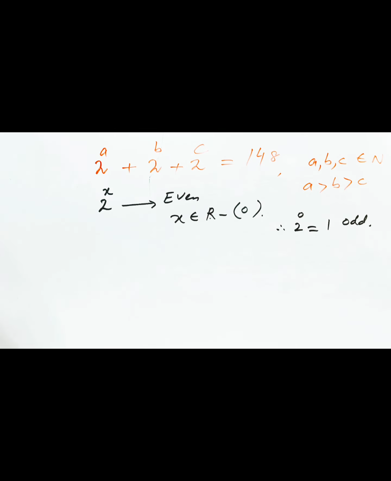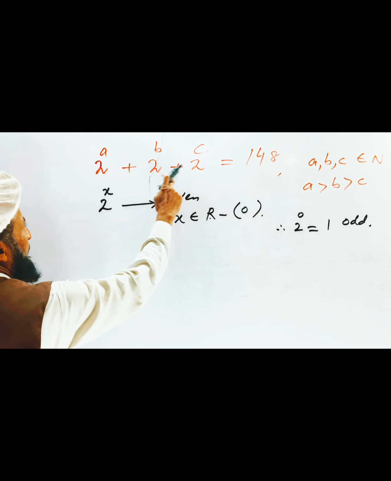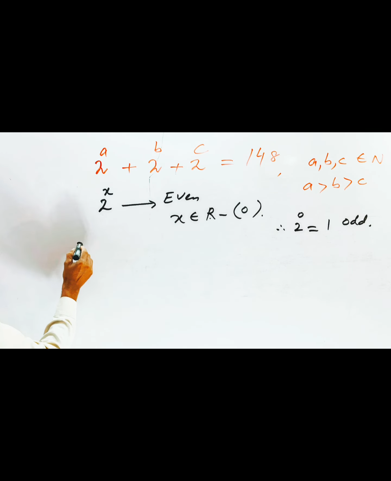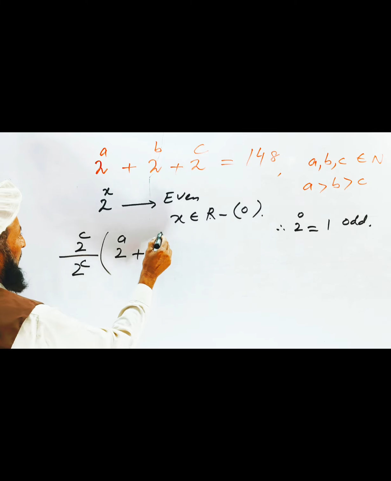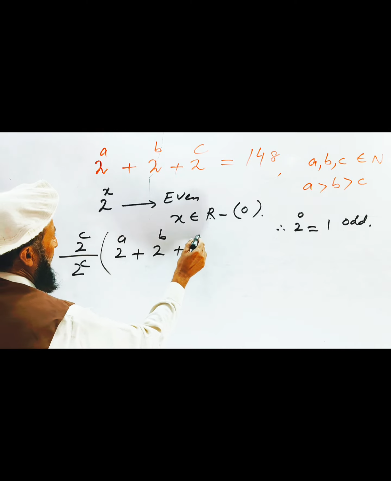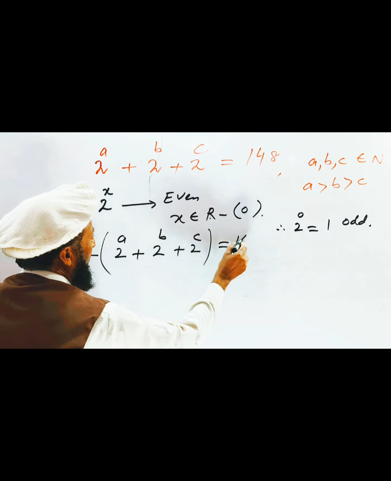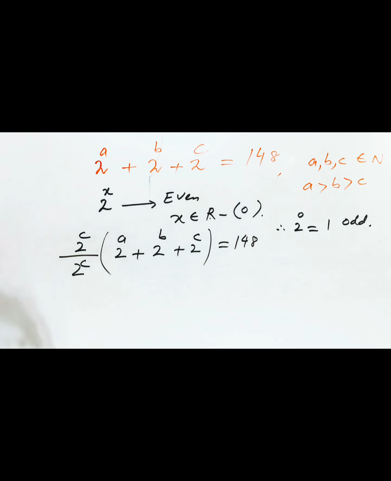Now we divide this equation on the left side by 2 exponent of c. So 2 exponent of a plus 2 exponent of b plus 2 exponent of c, divided by 2 exponent of c, is equal to 148.